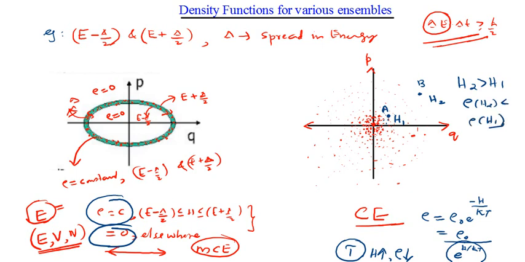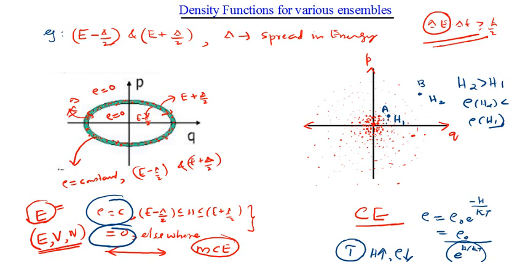That is, the density of representative points at the point B is less than the density of representative points at the point A. What does it mean? It means that the probability of finding that particular system with a lower energy H1 is more compared to finding that system with a higher energy H2.